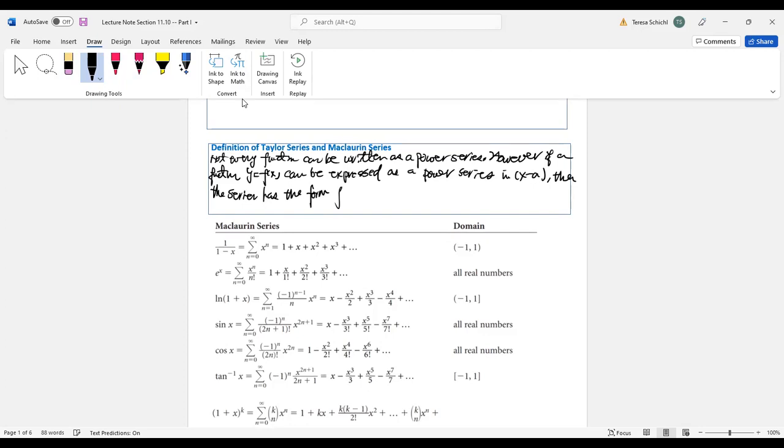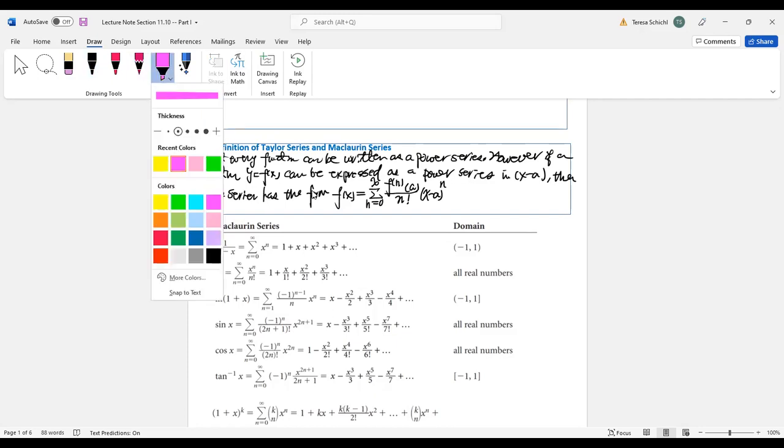We can write f of x equal to the summation from n equals 0 to infinity of the nth derivative of f at a, divided by n factorial, times x minus a to the nth power. This is what we call the Taylor series.